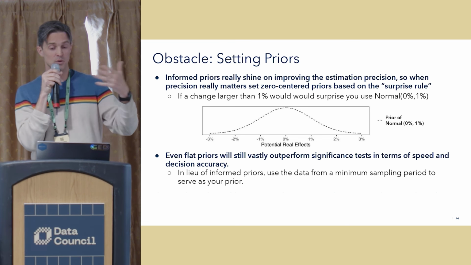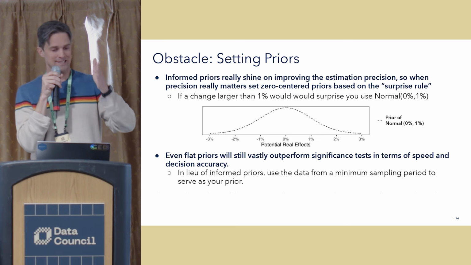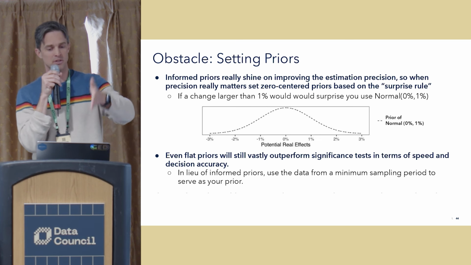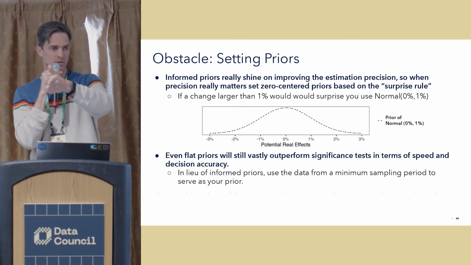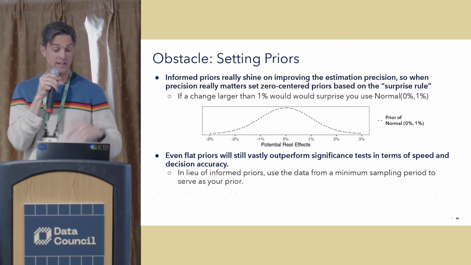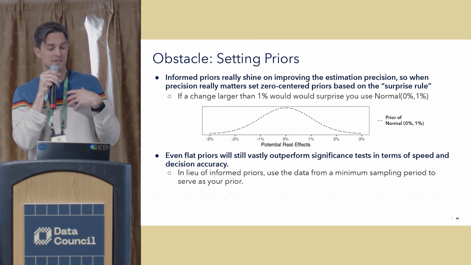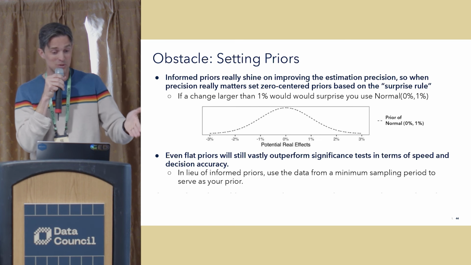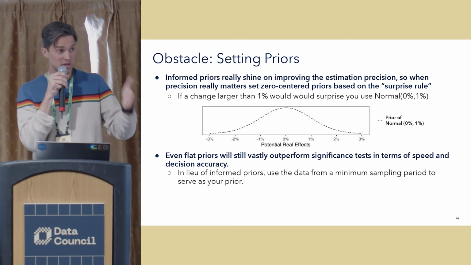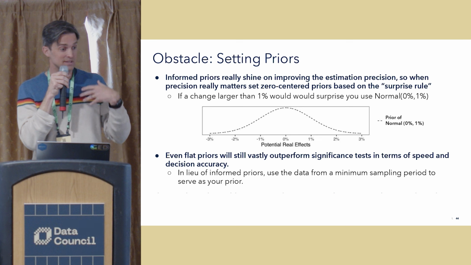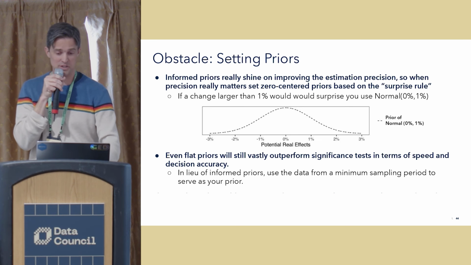So I'm saying, for a small change, anything bigger than a 1% change would surprise me. I'm going to use a prior of normal, 0, 1%. And that looks like this. It's saying most treatments have no effect. Small effects are more likely than larger effects. But for a small test, this is a pretty generous prior.